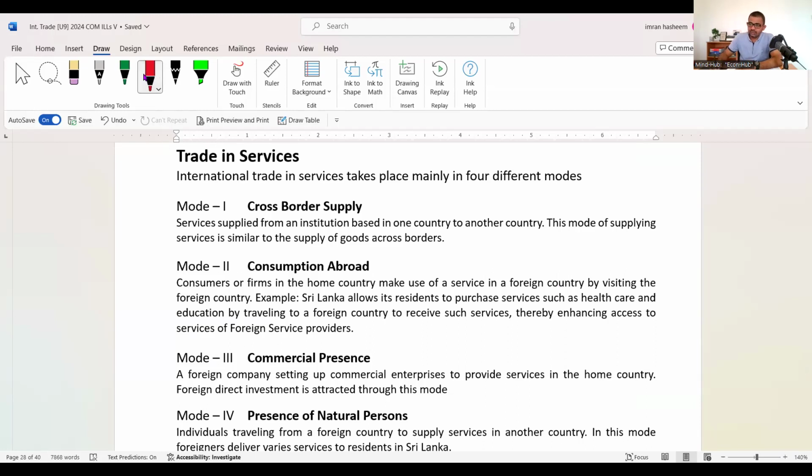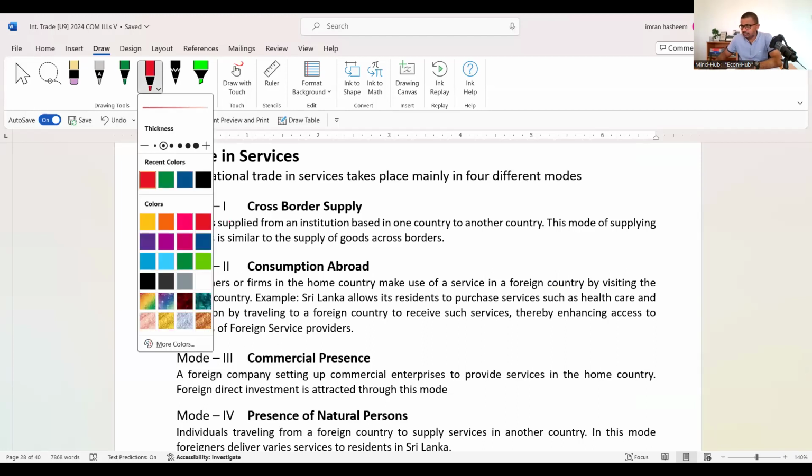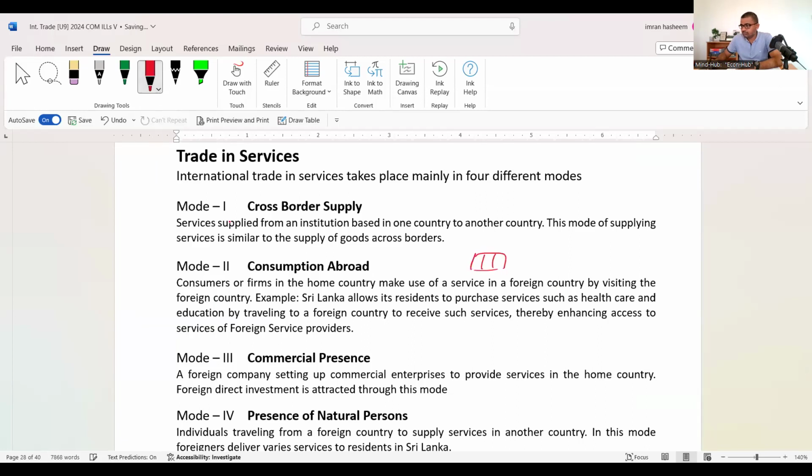So, a company in Sri Lanka. We are in Sri Lanka.